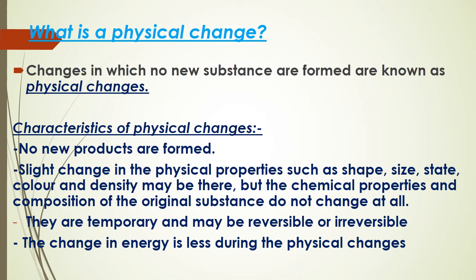Now, physical changes are temporary and they can be reversed, and the original substance can be obtained back on reversing the conditions. Okay, now the change in energy is also less during physical changes.